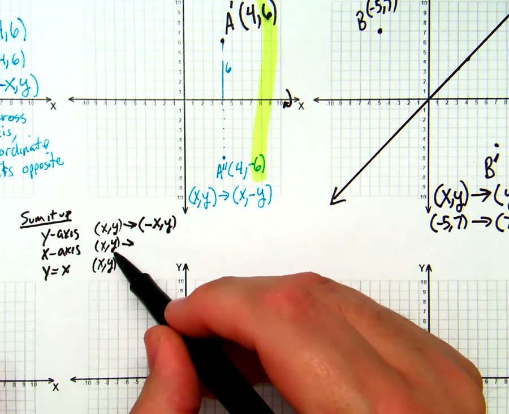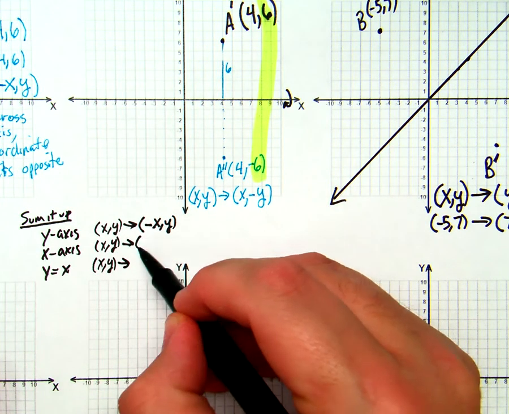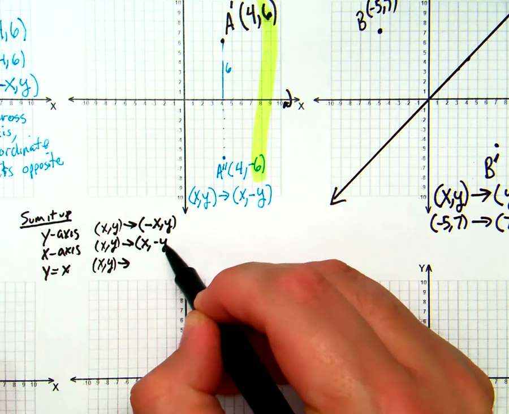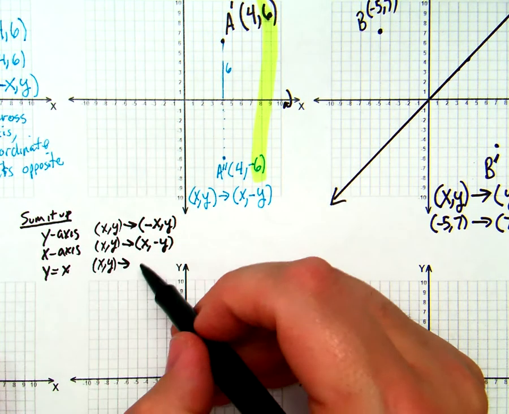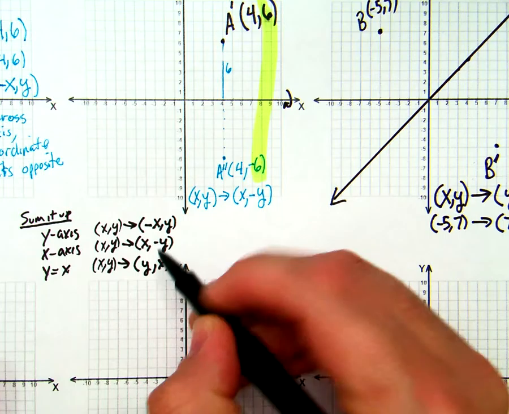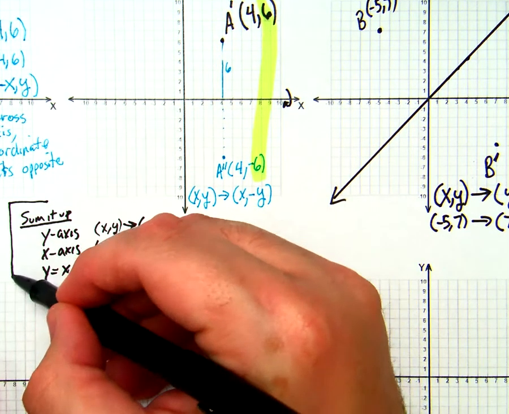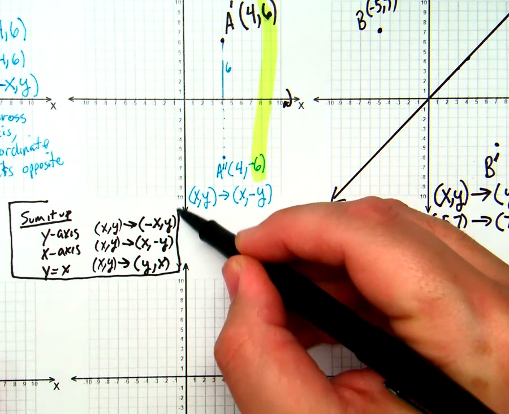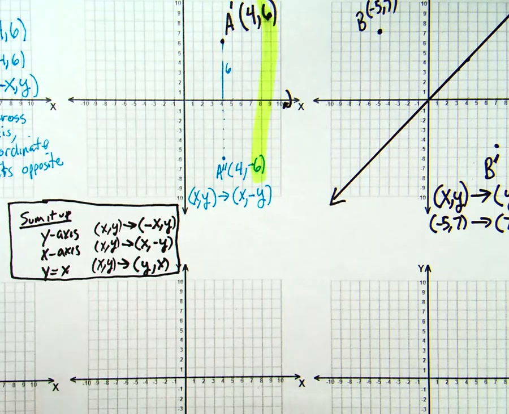The y. If I'm going through y equals x, just switch them. And you can use your georeflectors for that if you want to. All right, does that make sense?